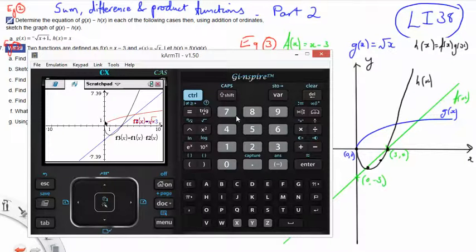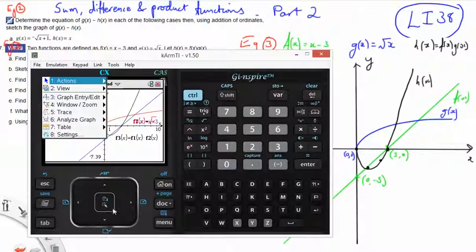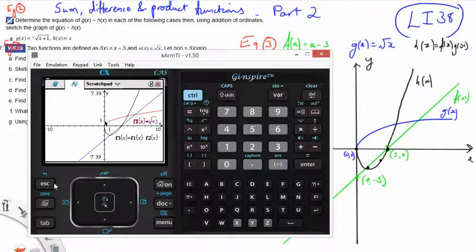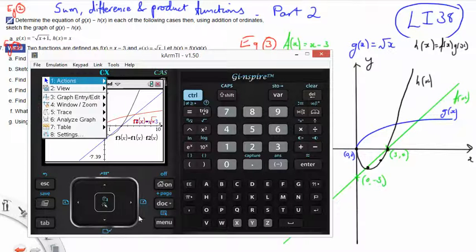So if you pop over to menu, there's a few ways to do this. No, it doesn't want to do it. Let's try again. Menu. No, I want to analyze graph. Here we go.